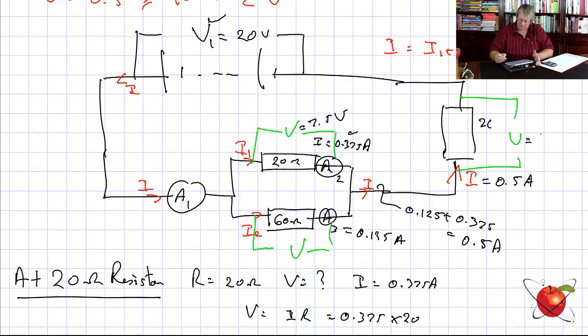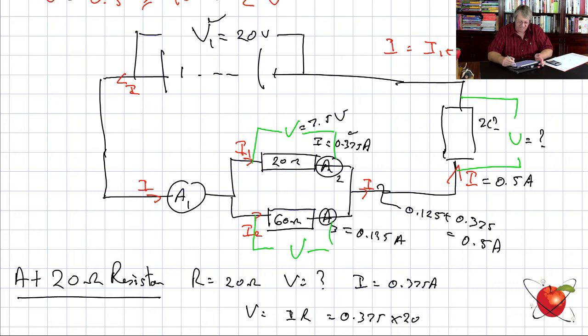Right, now let's look at resistor X. V, we don't know. X, we don't know. What can we do? The quickest way of solving this is to look at it like this.